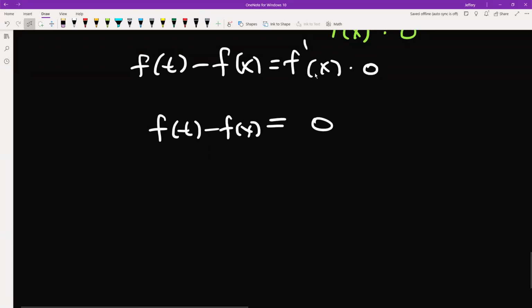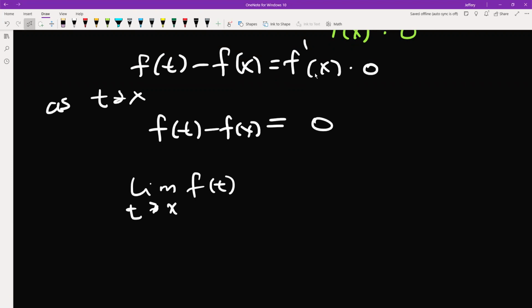Which implies, and that's in the limit, so that's as t goes to x. In other words, the limit as t goes to x for f of t is equal to f of x, which was our definition of continuity.